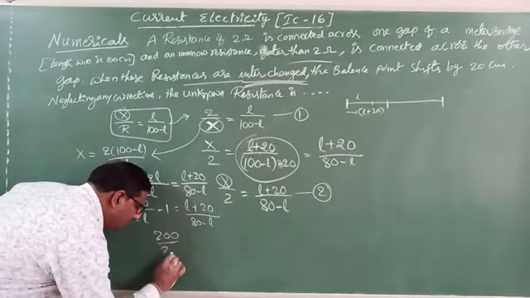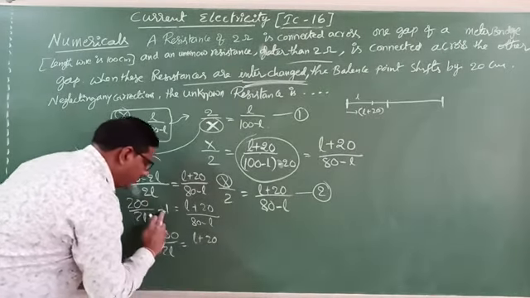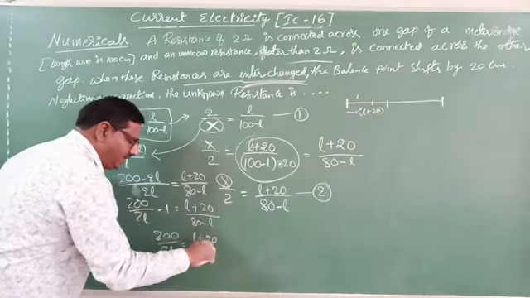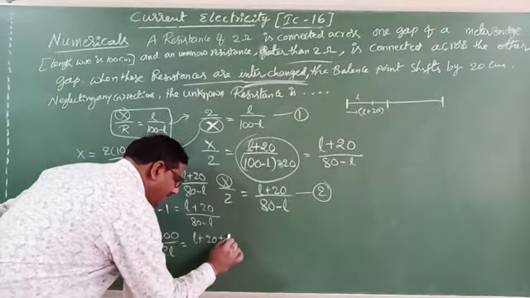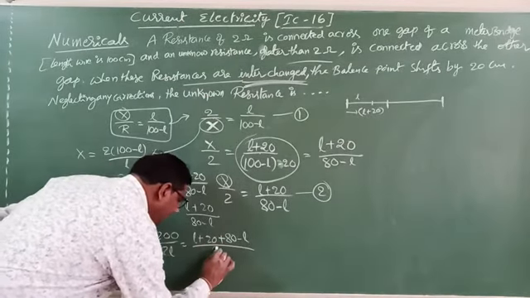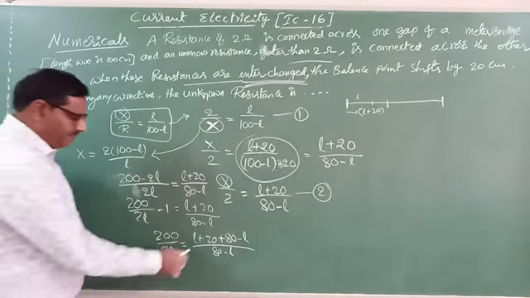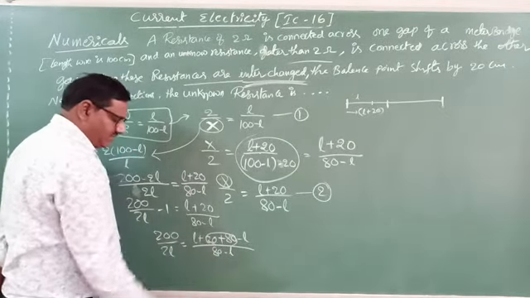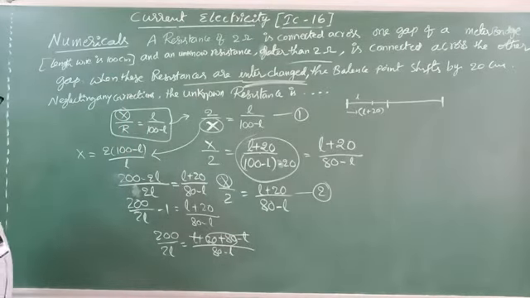So 200 by 2L equals L plus 20 by 80 minus L plus 1. Taking the LCM, 80 plus 20 is 100, and minus L plus L get cancelled.